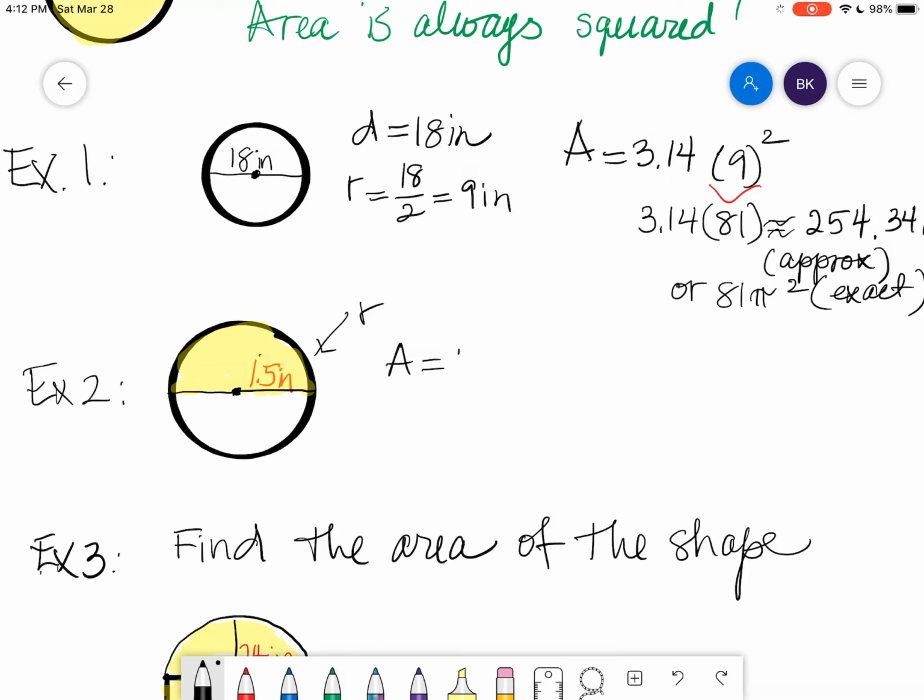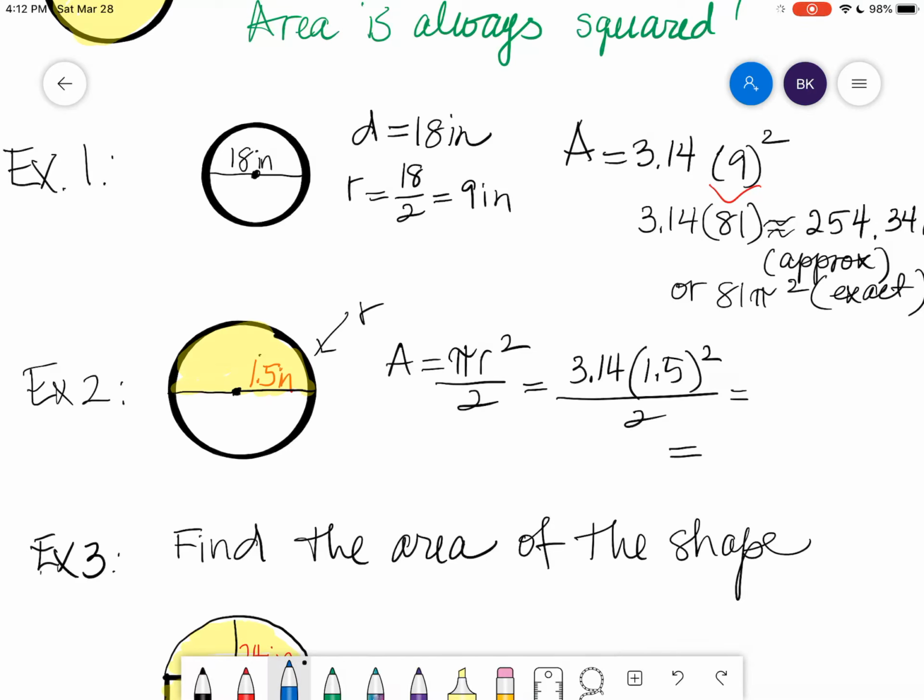Area equals pi r squared, and since it's half the circle, I'm going to divide it by 2. Let's plug it in: 3.14 times radius 1.5 squared, everything divided by 2. Once you use your calculator, your answer should be 3.53, or about 4 inches squared.